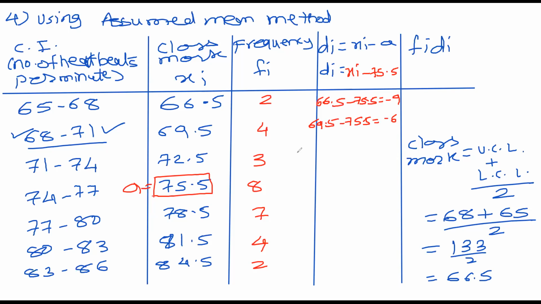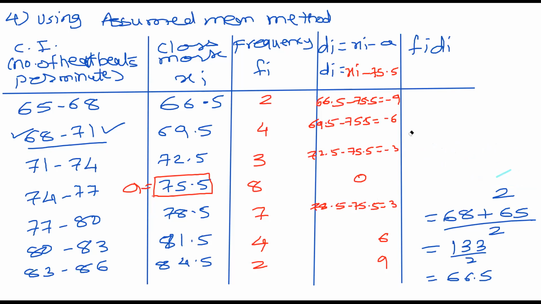Minus 6. Then you will have 72.5 minus 75.5. Minus 3. Then you will have 0 obviously. Then you will have 78.5 minus 75.5 म्हणजे 3. मग 6 आणि मग 9. करेक्ट आहे? Yes, sir. Okay.